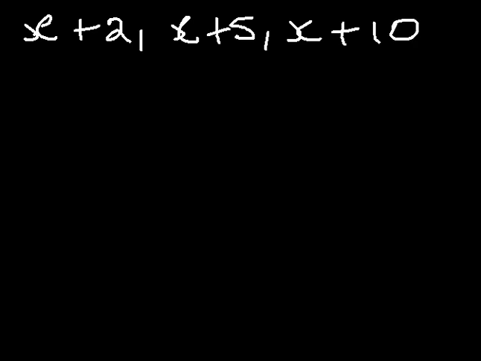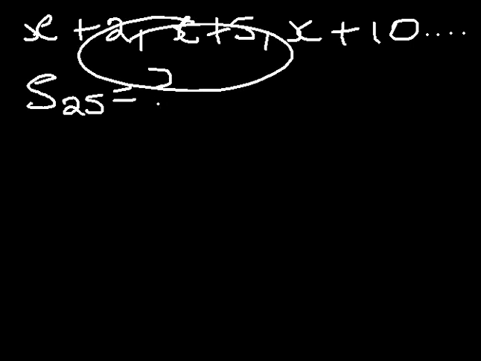Let's say this is the case, and assuming that the values can keep on going in that way. Find the sum of, let's say, 25 terms for this typical geometric progression.